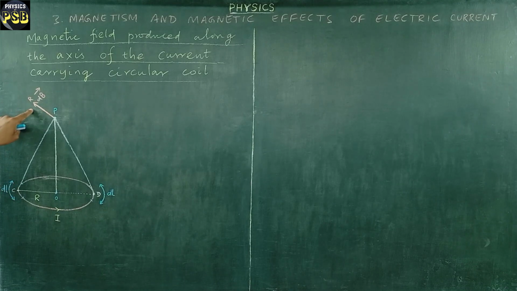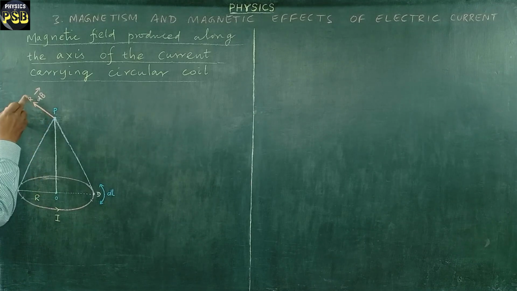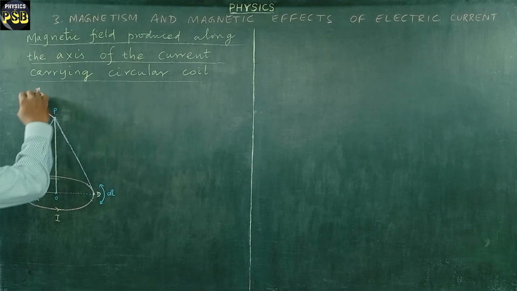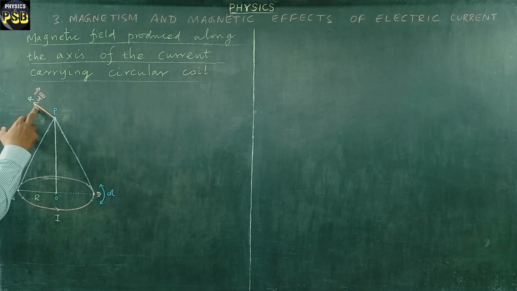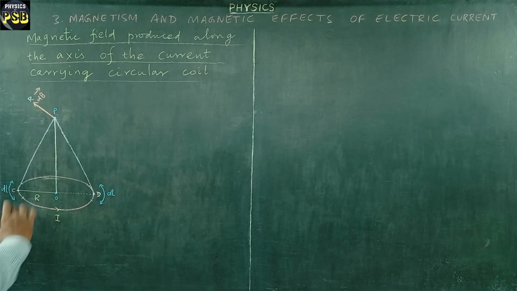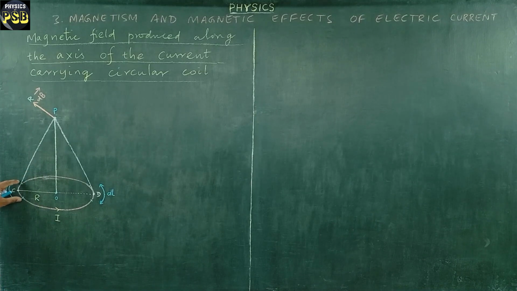This is the magnetic field produced by the current element present at point C. And from the diagram, it is quite clear that the line PR is perpendicular to the line CP. It is not only perpendicular to CP, but it is also perpendicular to the current element IDL, which is shown, which you can see here.